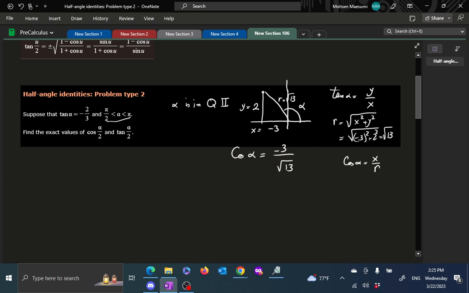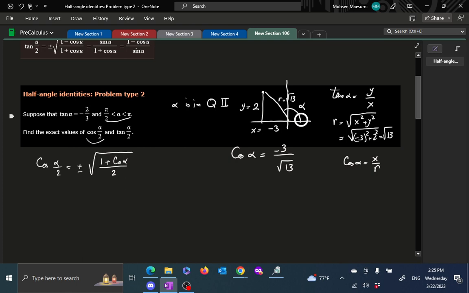So suppose you want cosine, so let's go after cosine of alpha over 2. What did we know? It's plus or minus the square root of 1 plus cosine of alpha over 2. How do we decide this? We decided by where alpha over 2 is. Alpha is in second quadrant.